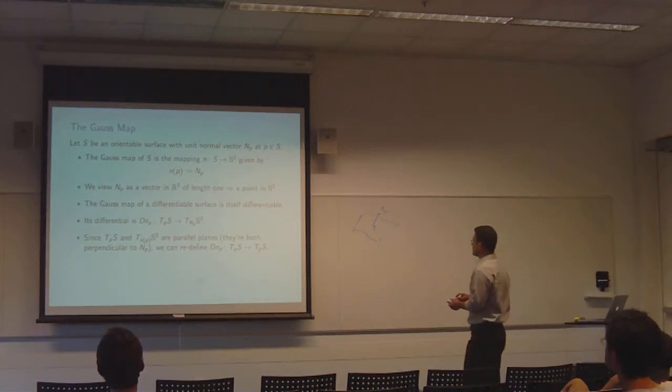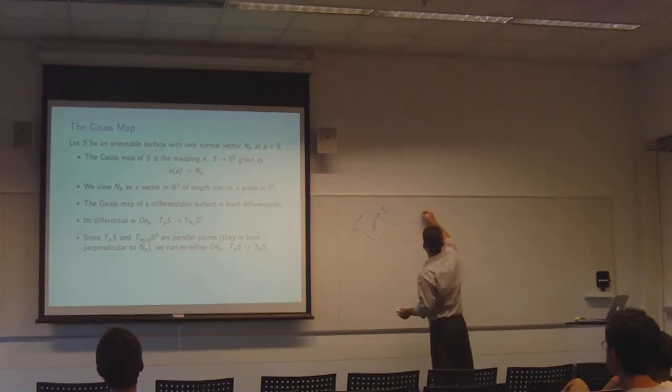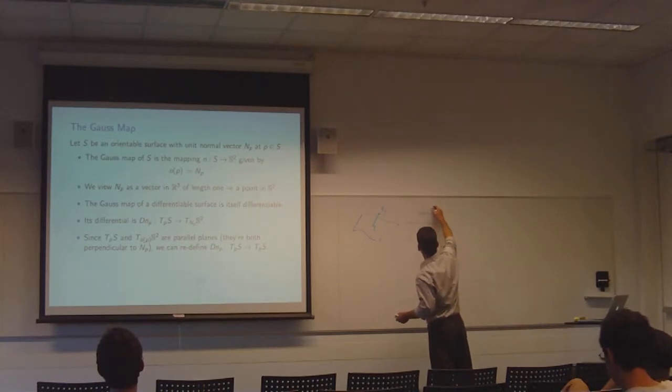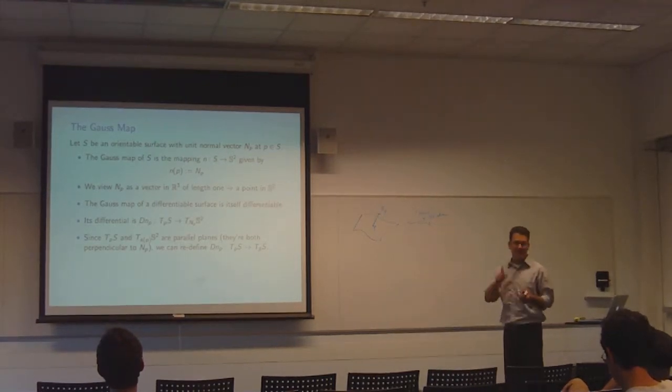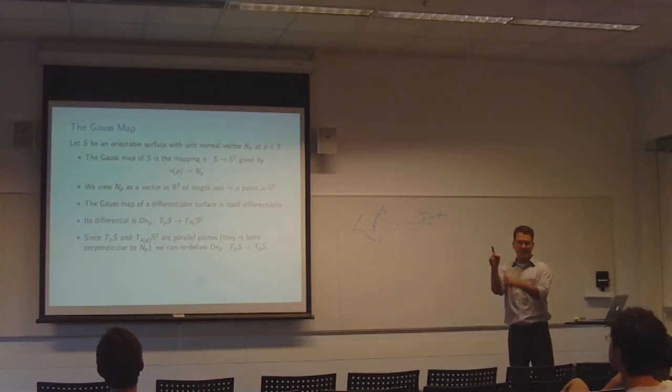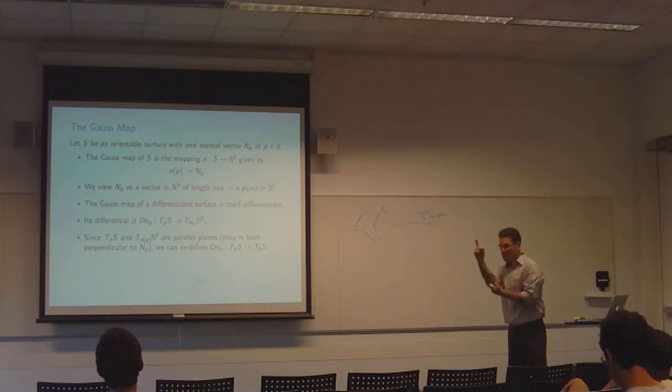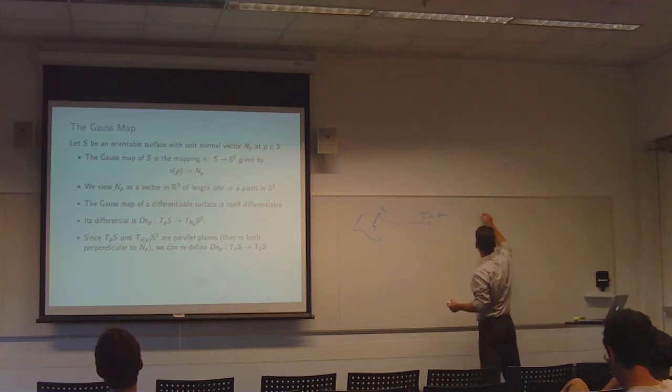And what you do is you move it to the sphere. So every unit vector is a vector of length 1. Therefore, if you take its base and you stick it at the origin without changing the direction of the vector, the tip is going to be on the unit sphere, right? So we have our unit sphere over here.